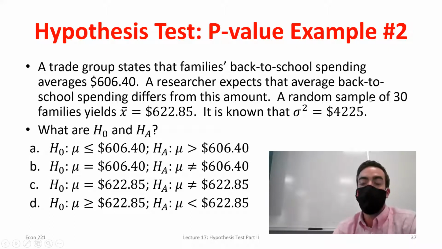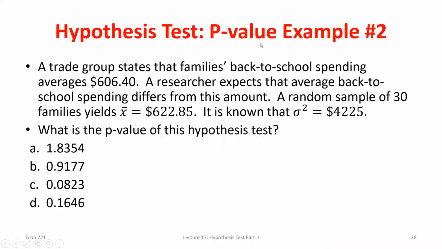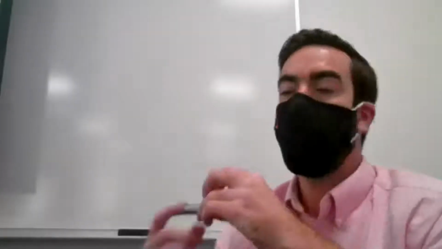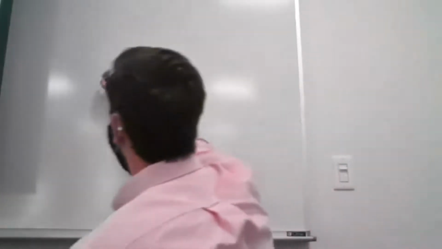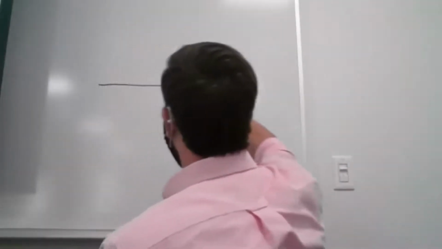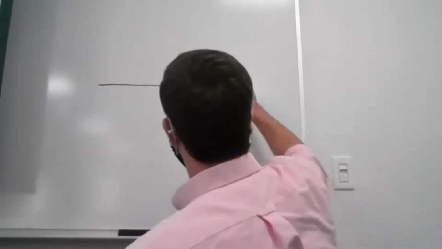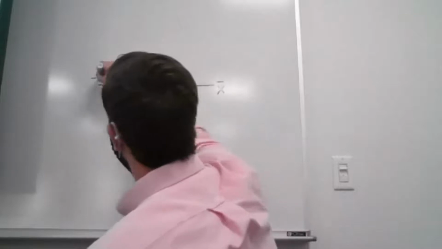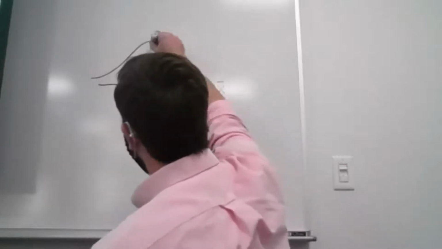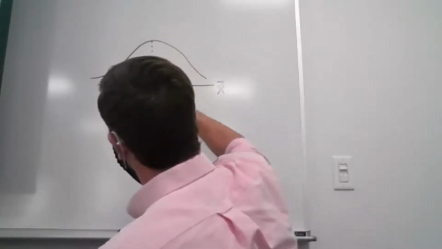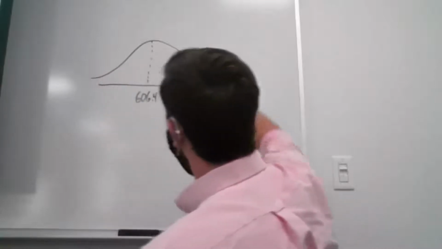So I take this sample of 30, I find a sample mean of 622, and I have a known population variance. Okay? So the next question is, what's the p-value? Let's think about what we've got going on here. I've got my distribution. Sample means will be centered around this value of $606.40.